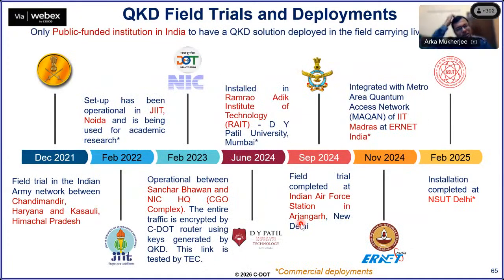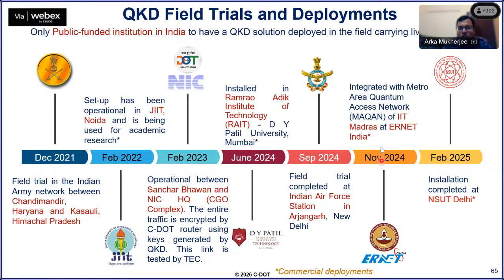Now these are some of the deployments and field trials that we conducted, and we started in December 2021 with a field trial in the Indian Army network. After that we deployed this setup on a commercial order basis to multiple educational institutes. We gave the setup to JP Institute of Information Technology in Noida in 2022. Then we gave this system to DY Patil University in Mumbai in June 2024.